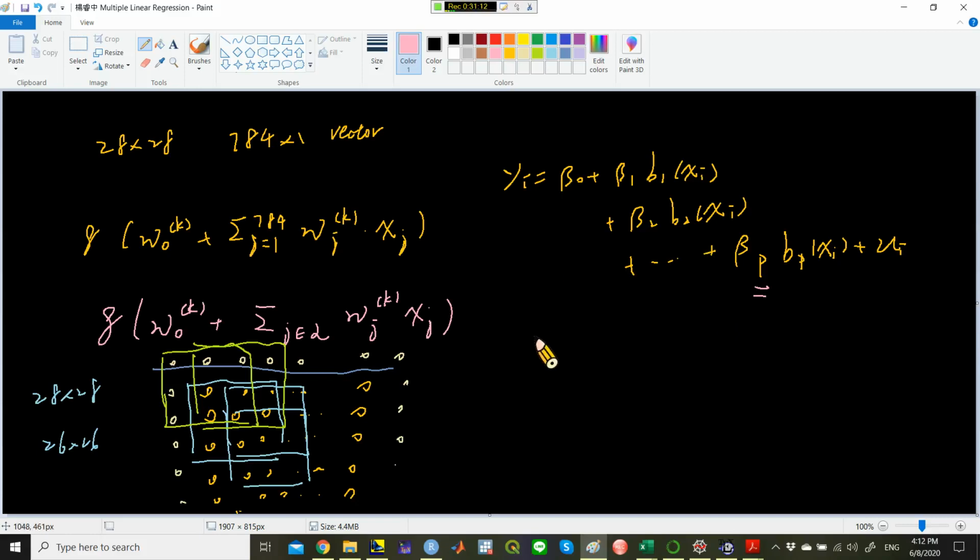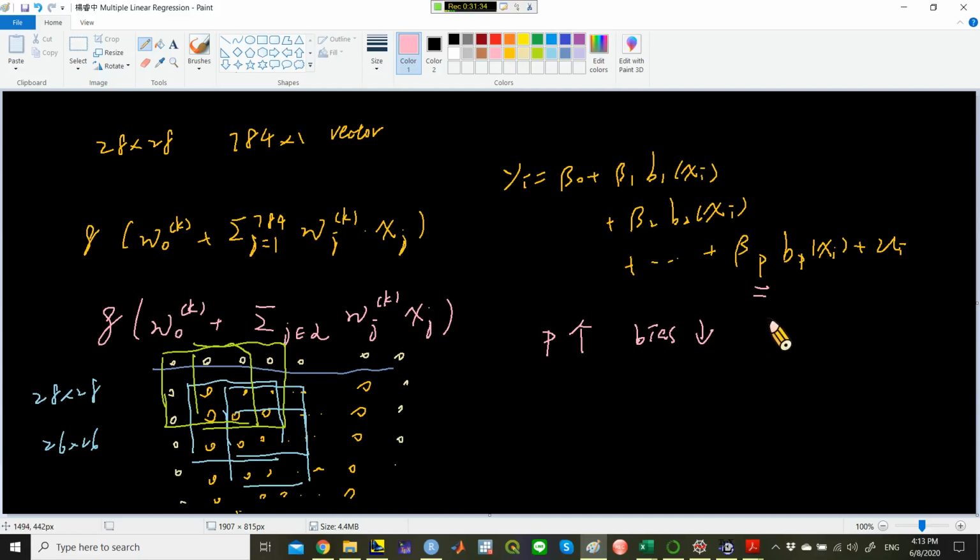If you remember what we talked about a month ago, when we have a large p, intuitively we should be able to fit the unknown function better, so the bias should decrease.